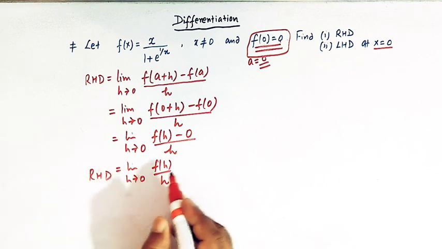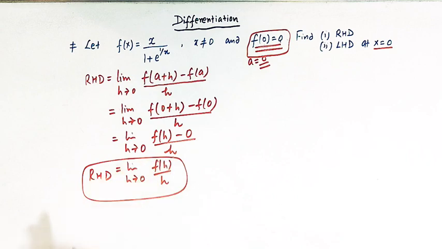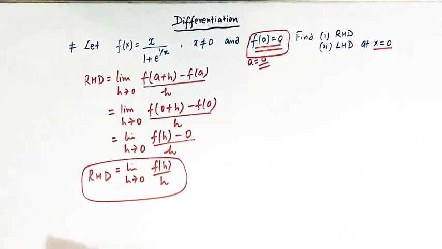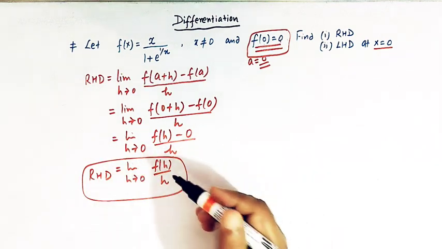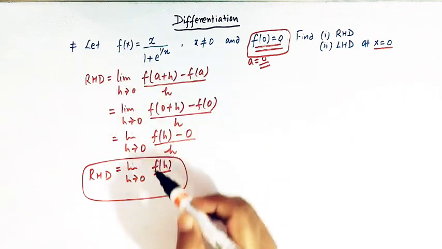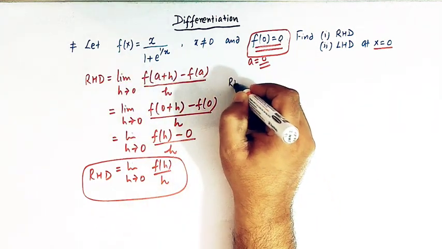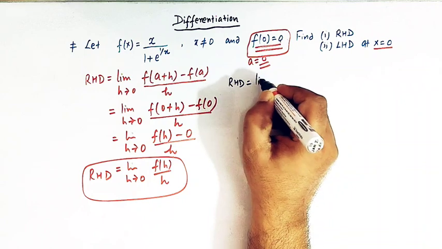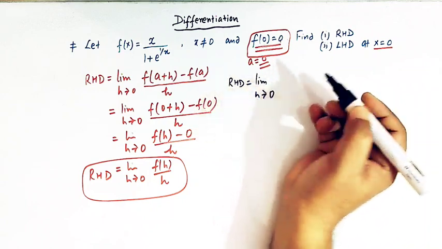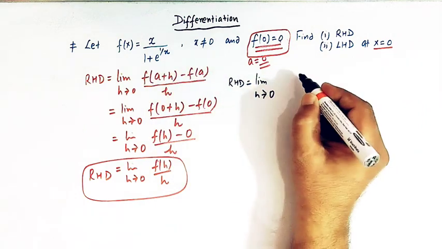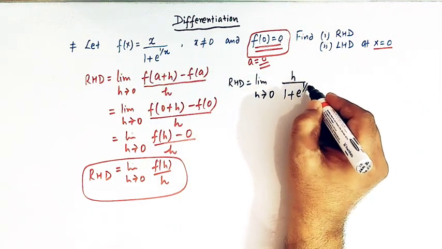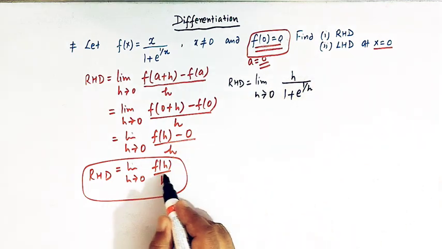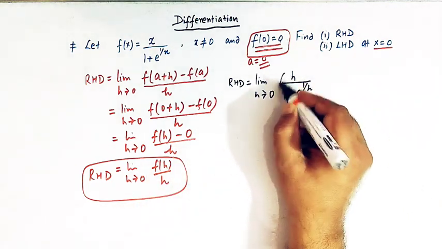Now we have to calculate this limit. We can write the value of f of h by replacing x by h. So the right hand derivative is equal to the limit h tends to 0 of h over 1 plus e raised to 1 over h, and in the denominator we have h.